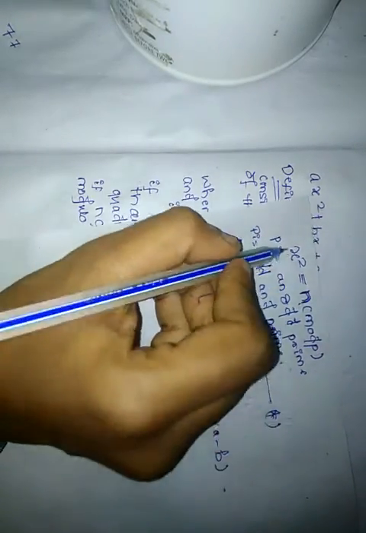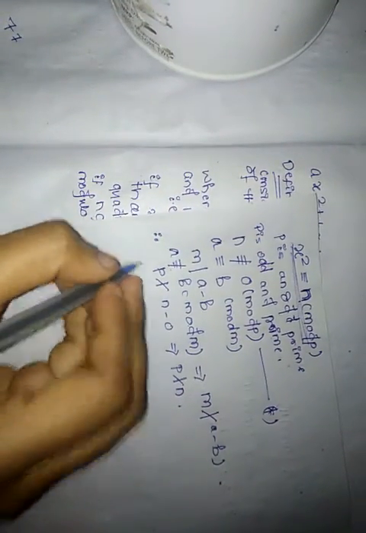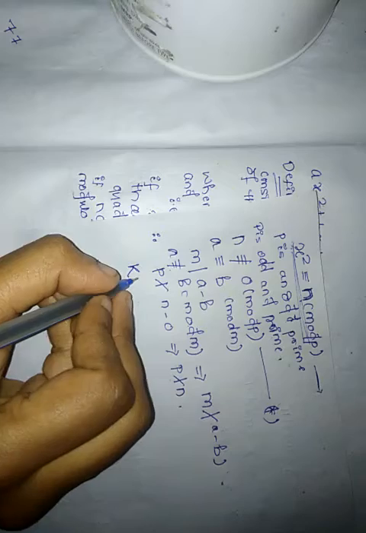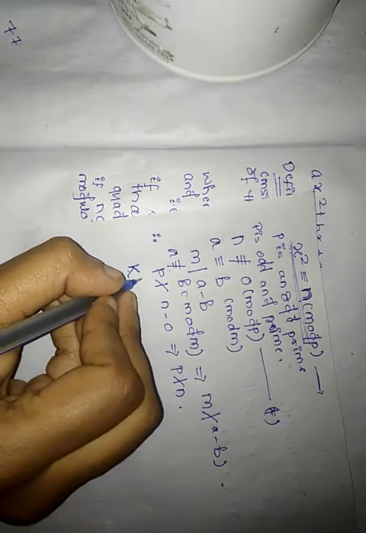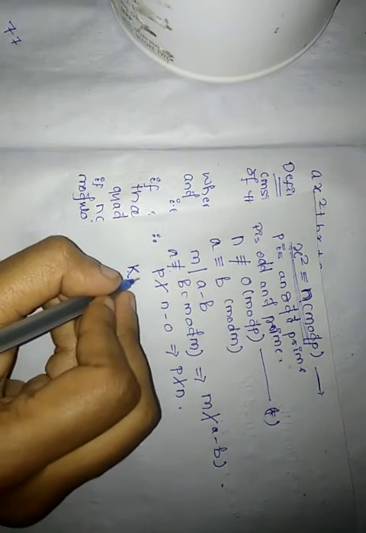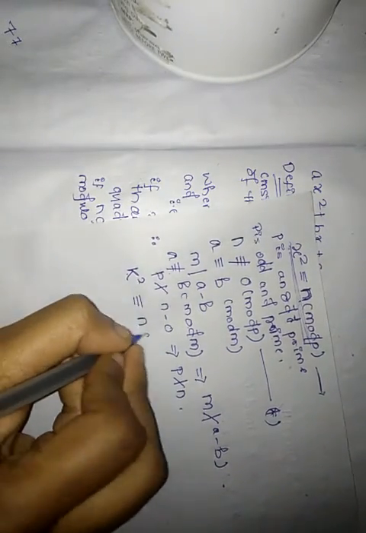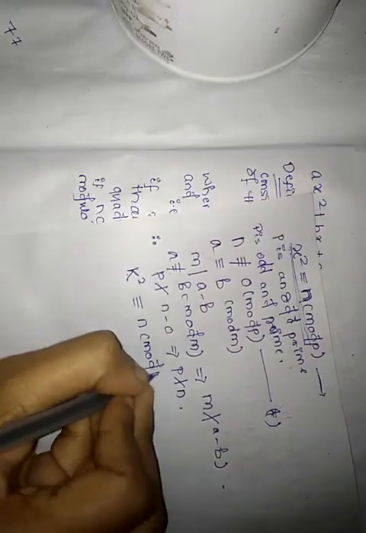So we say that n is a quadratic residue modulo p if this congruence has a solution. What does it mean? If we put some k in place of x, then this congruence holds. That means there exists some integer k such that when we put k in place of x, that is k², is congruent to n mod p.